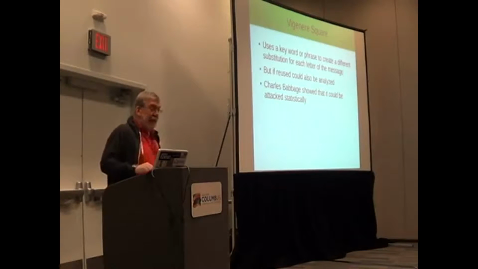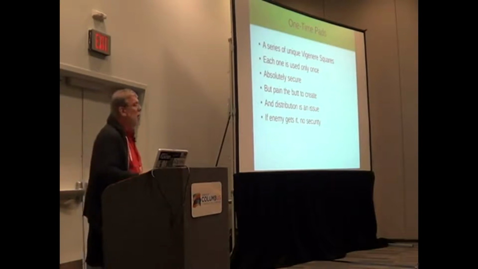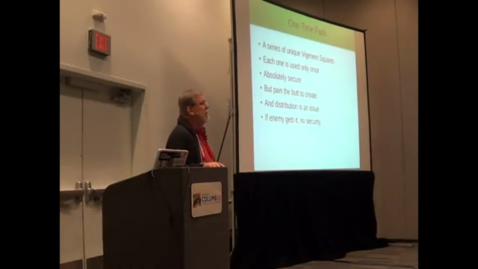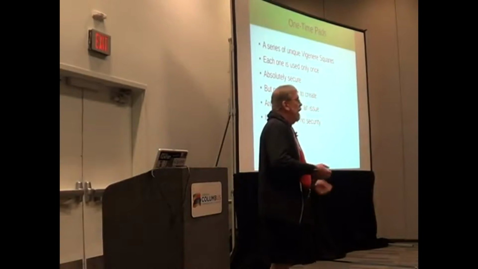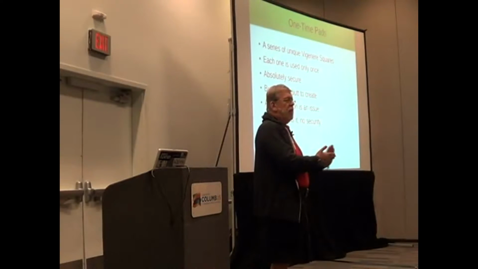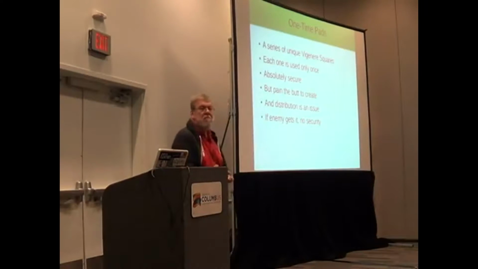And yes, it is that Charles Babbage, computer guy. One-time pads are an application of the Vigenère Square, whereby you would have pads made up, and you take the top sheet, use it to encrypt a message, and take that sheet off and throw it away. You would never reuse it again.